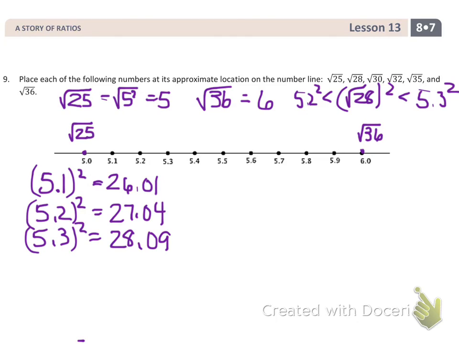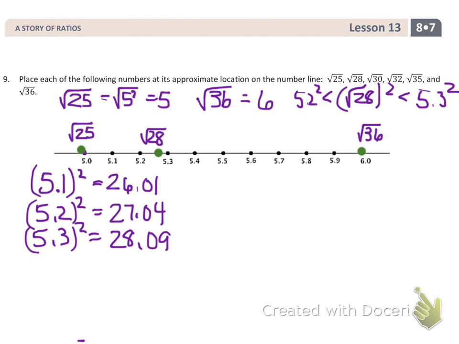So let's put a dot, and it's closer to 5.3. So I'm going to put my dot up toward that end there. That would be the square root of 28 right there. Let's put a green dot for our other two here as well.